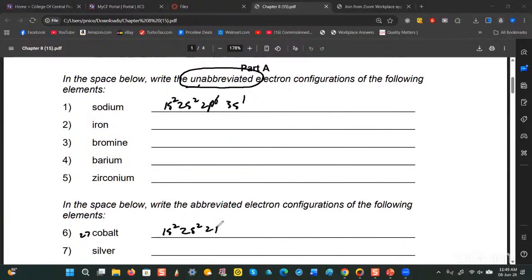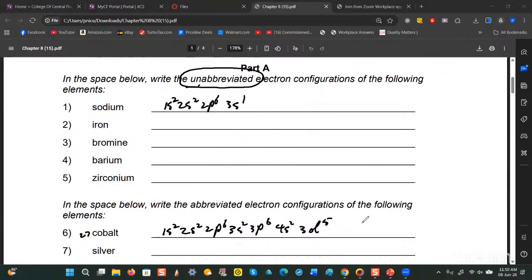What I'm doing first is writing down the full electron configuration. So 1s2, 2s2, 2p6, 3s2, 3p6, 4s2, and then 3d7, right? That's 27, right? So this will be the full electron configuration.